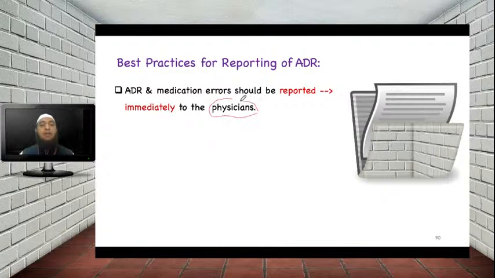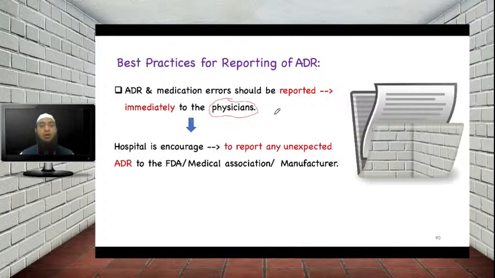Now the patient has reported to the physician. Now it's the responsibility of the hospital or the physician working in that particular hospital to report any unexpected adverse drug reaction seen with the patient to the FDA, medical association and manufacturer for further action. Because we have seen some of the ADRs are directly related to the manufacturer.